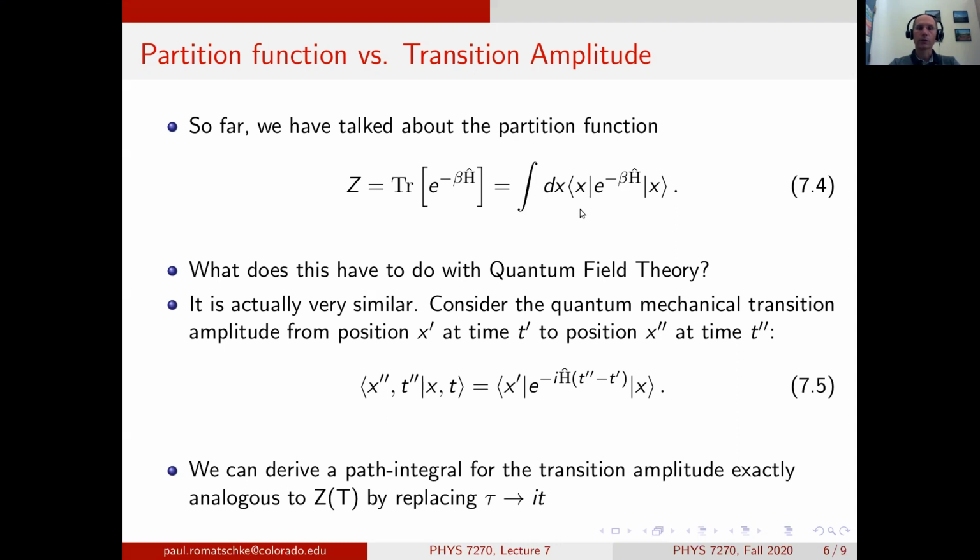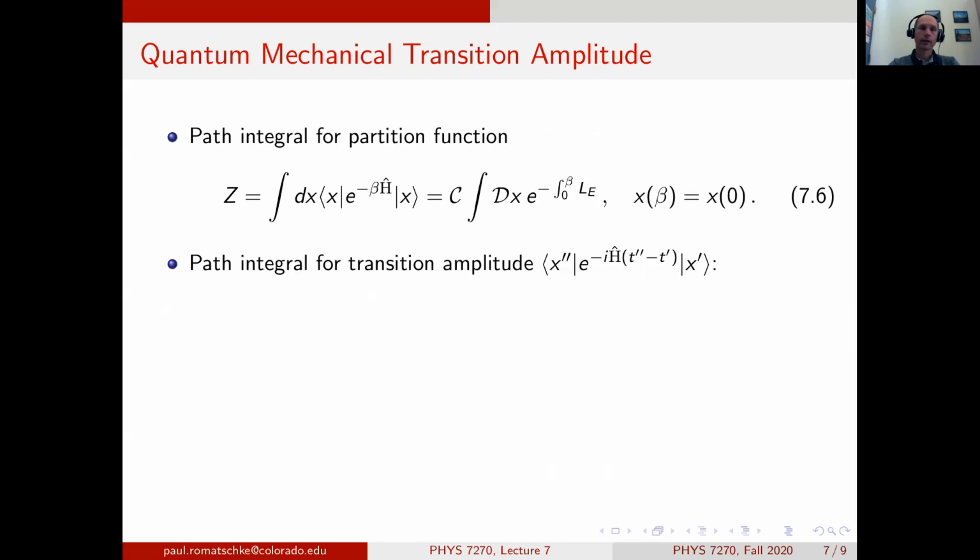And we also have to take into account that for the partition function, we had a trace, meaning an integral over all positions, whereas this doesn't occur for the transition amplitude. The path integral for the partition function we could show to be given by an integral over the exponential of the Euclidean action with this periodic boundary condition, x of 0 being x of beta.